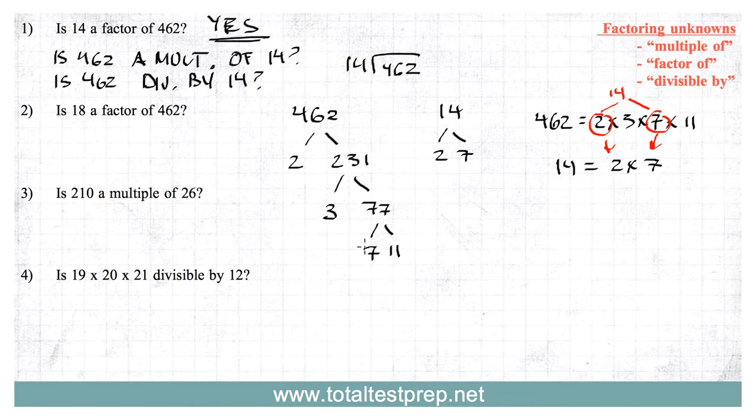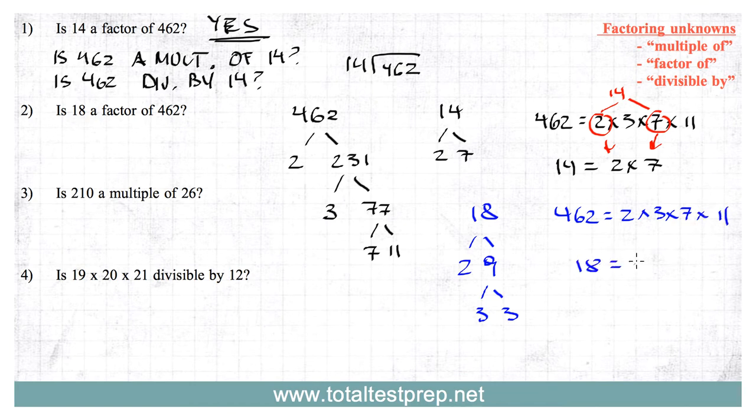Now for question number 2, let's prime factor. We already have 462 prime factored. So 18 is 2 times 9, or 2 times 3 times 3. So once again, 462 is equal to 2 times 3 times 7 times 11. And 18 is equal to 2 times 3 times 3. And so when we're asking whether 18 is a factor of 462, we're asking whether out of all of these prime factors of 462, can we make 18?